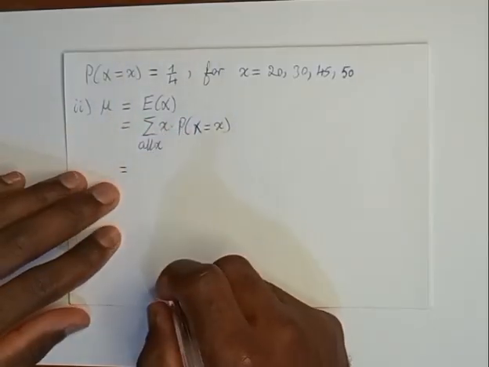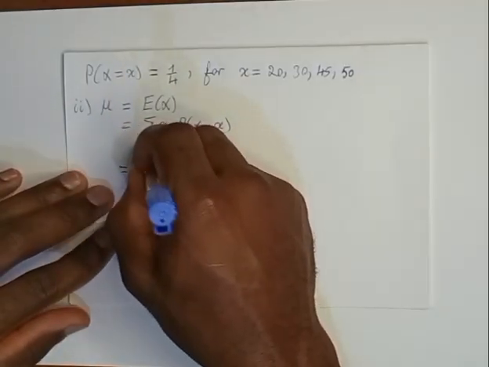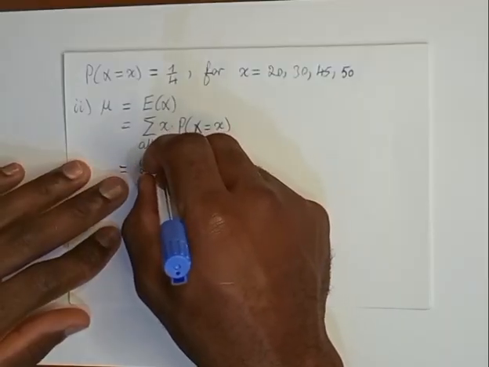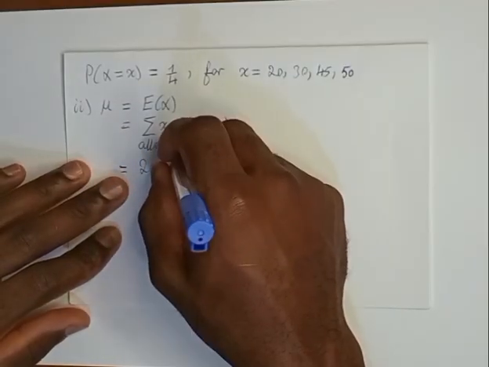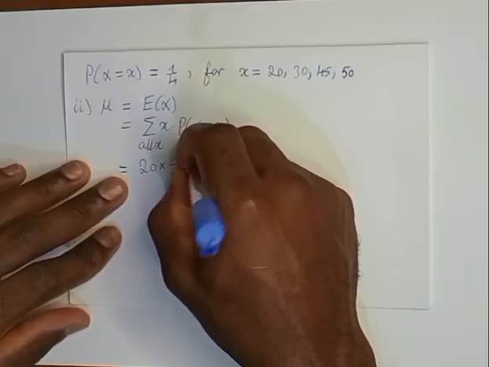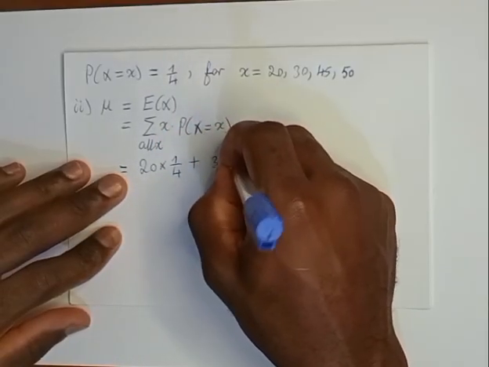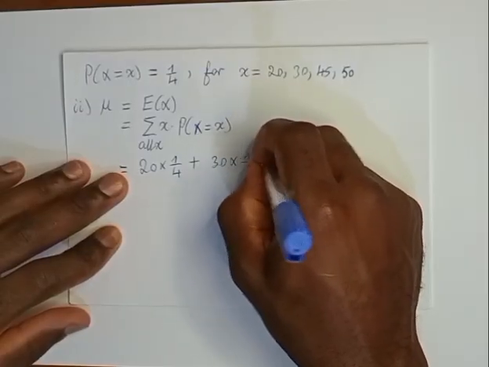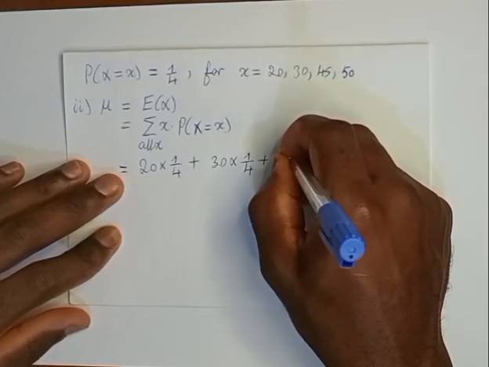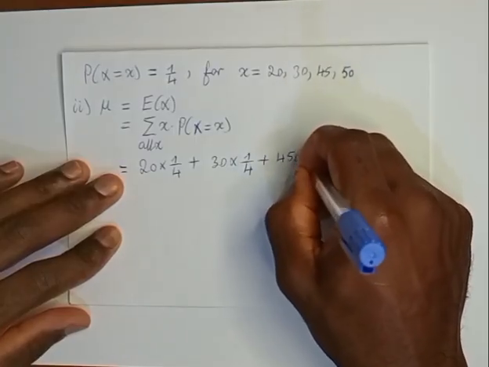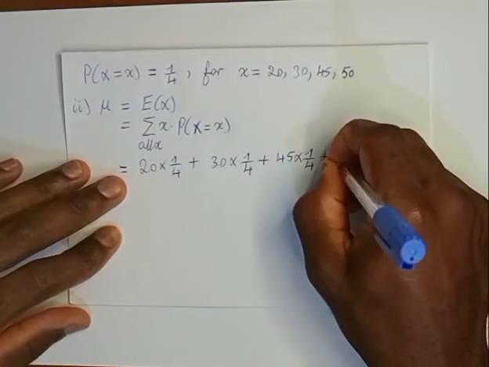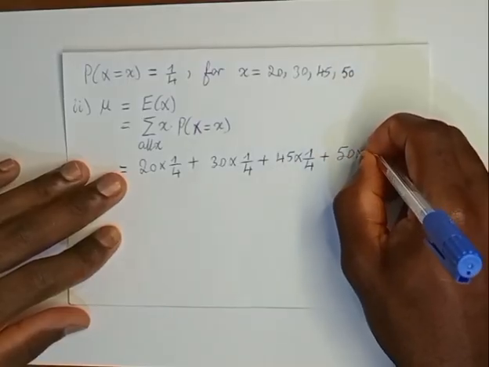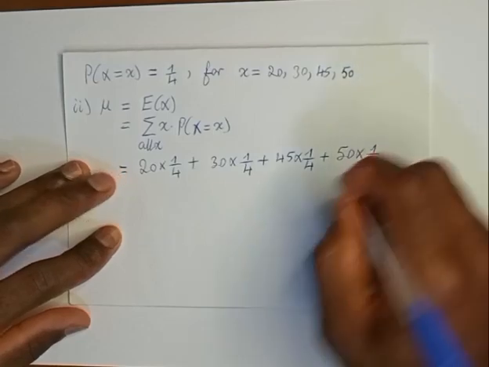This will equal, for the first one, 20 times the probability, which is 1/4, plus 30 times the probability, which is 1/4, plus 45 times the probability, which is 1/4, plus 50 times the probability of 50, which is 1/4.